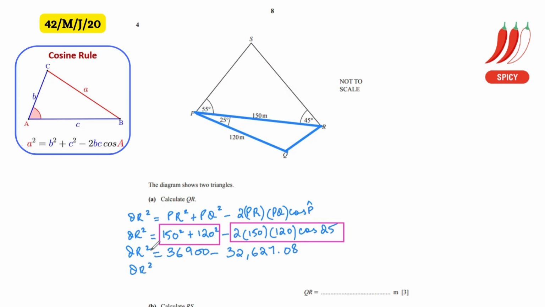So now we subtract the two. That gives us 4,272.92. And to find the value of QR, you will square root both sides. And QR equals 65.4 meters.